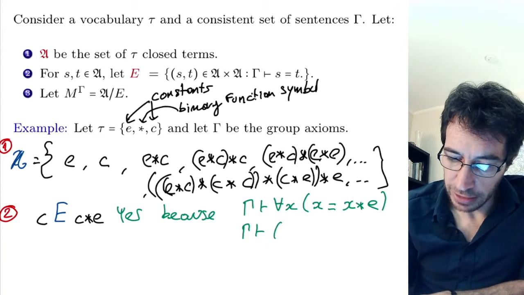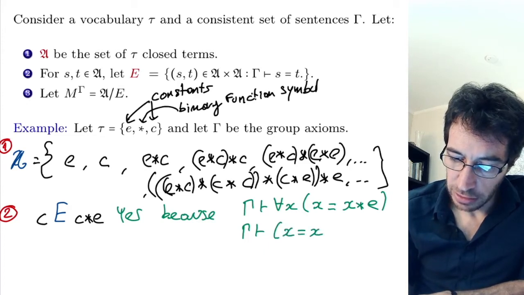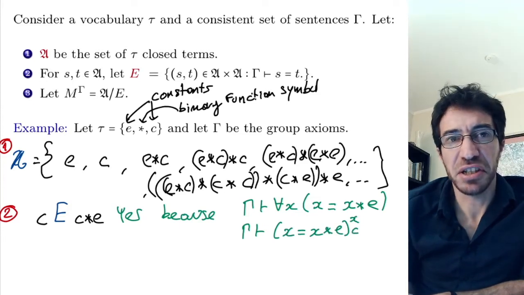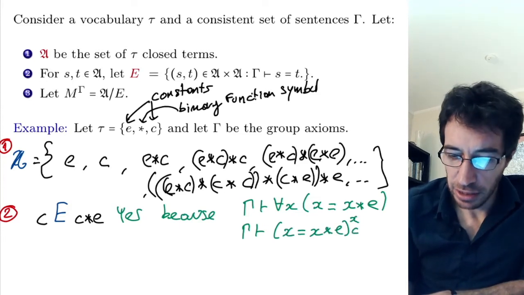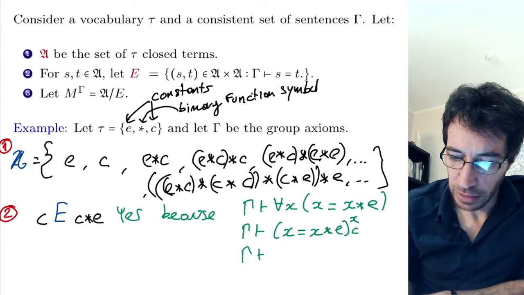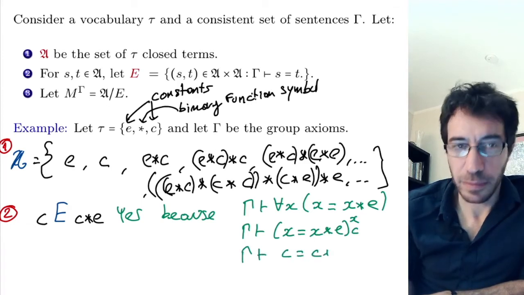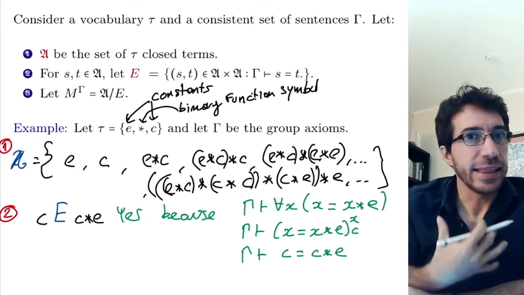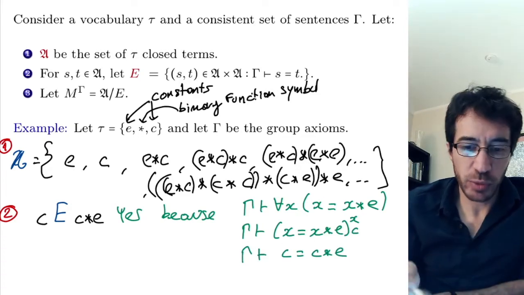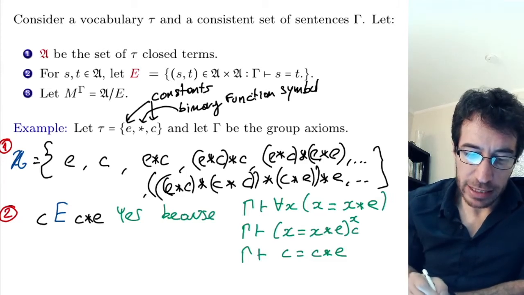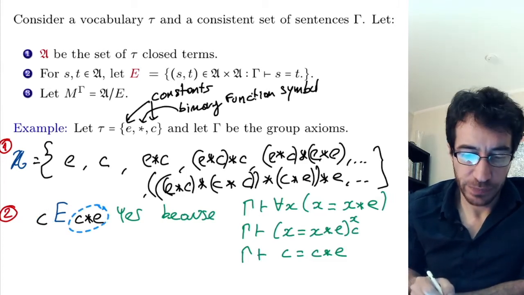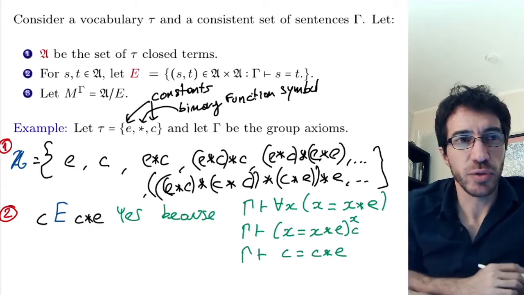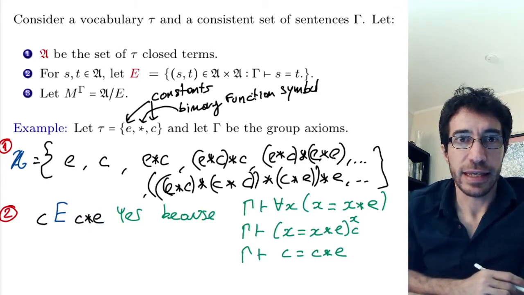From there, you get that gamma shows x equals x star E, where x is replaced by C, for any term, in this case just C. And so that means that gamma shows C equals C star E. Okay, so that gets you that these two are equivalent, and that's good, because if you are talking about groups, C times E should be the same as C. So this equivalence is saying that these two should be considered the same.